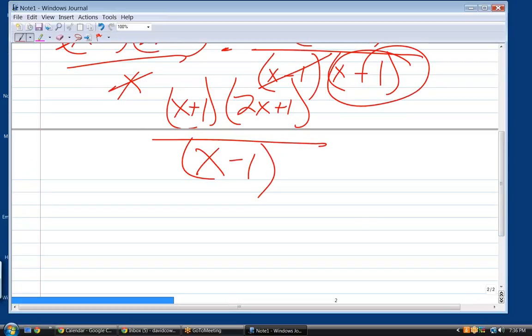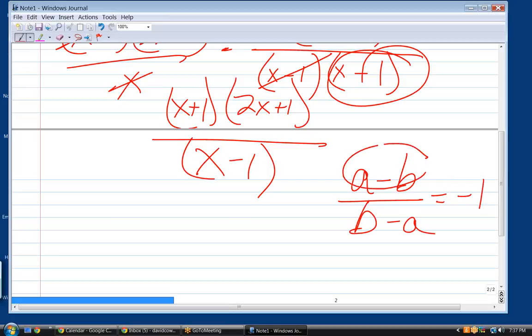In other words, I can only cancel same things, except with one exception. And the one exception is, usually the only time I can cancel is if I got an A plus B, that exact same thing. But every now and then they give you one, and whether you are going to get one or not, I don't know. But if I had A minus B divided by B minus A, that is equal to minus 1.